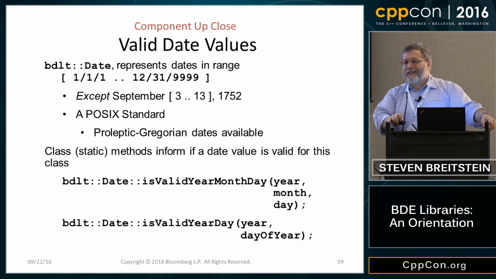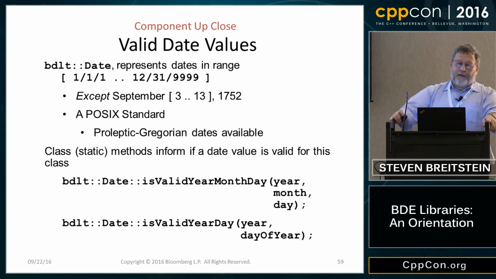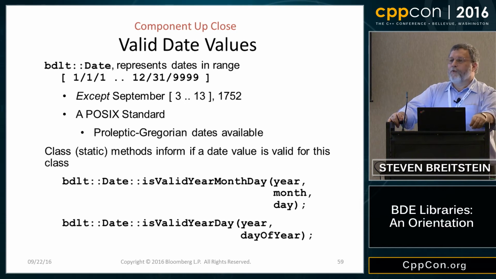The date value itself represents dates in the range from year 1, month 1, day 1 to New Year's Eve of the year 10,000, except for some days in 1752 when the English-speaking world switched from the Julian calendar to the Gregorian calendar, which is kind of odd, but that is a POSIX standard.